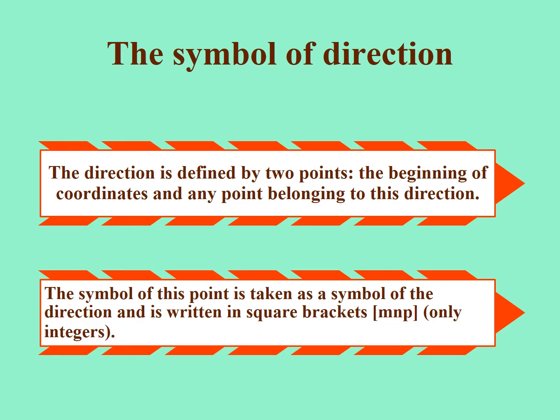Thus, the direction of the series is defined by two points, the origin of coordinates and any unit of the series. The symbol of this unit is taken as a symbol of the series and is written in square brackets, M, N and P, only integers. Obviously, this symbol describes a family of parallel series and parallel ribs of a polyhedron.